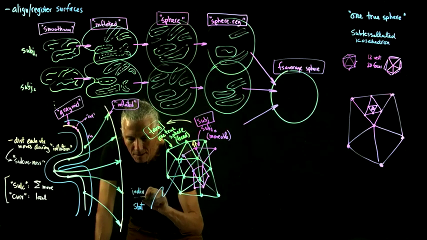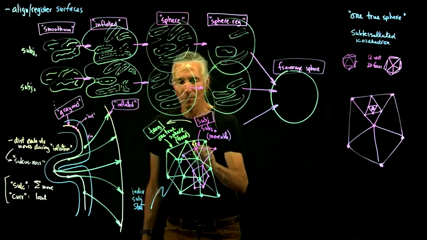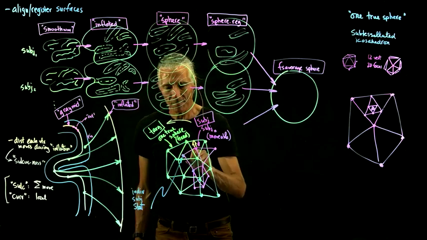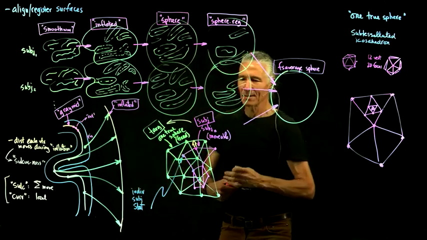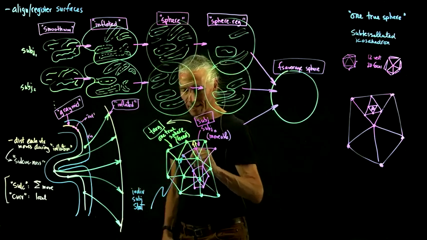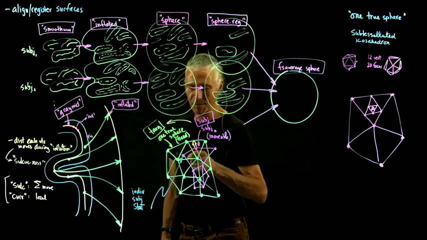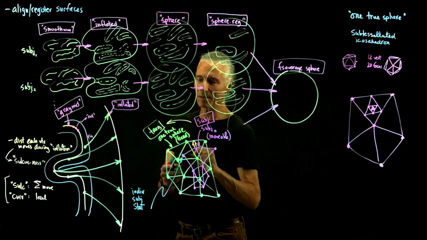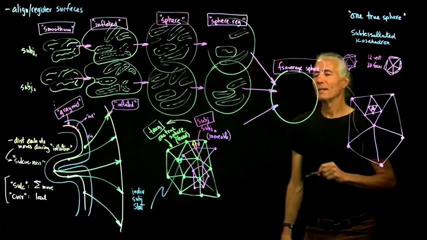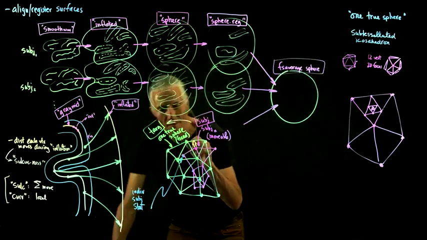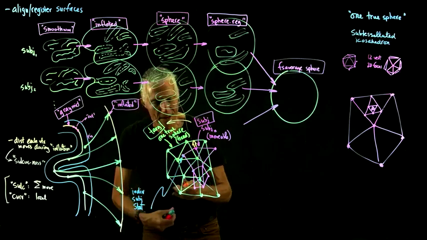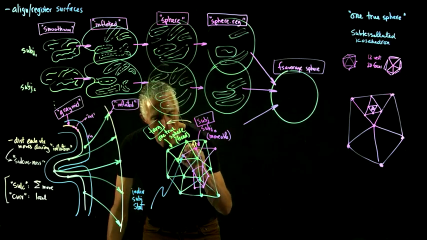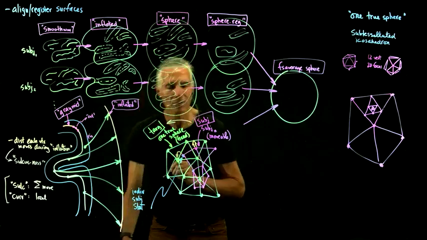So what we can do then is we have to sample it back to the one true sphere. And so it's closest to this guy, so we could either send a little bit of it to these other faces, or just send it to the nearest neighbor. And so basically you would sample that statistic from here onto the one true sphere.